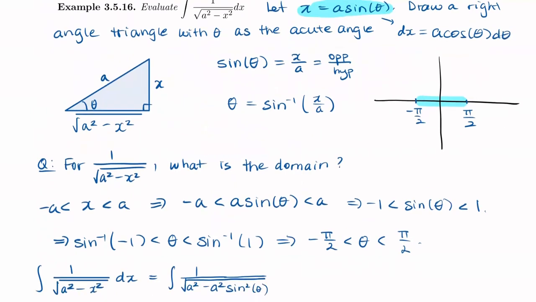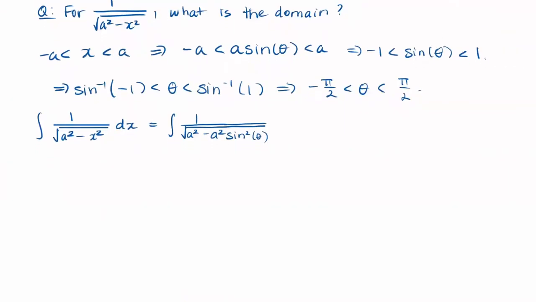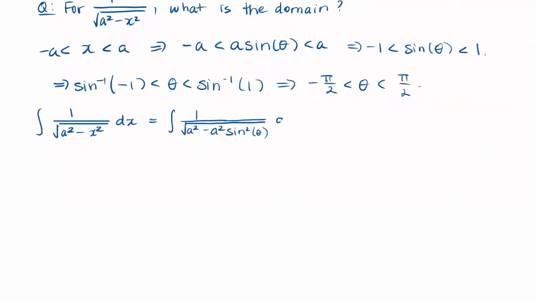So now, if we put this in as well, we have a cos theta d theta, right? All right, so now we see that we could common factor out the a squared.